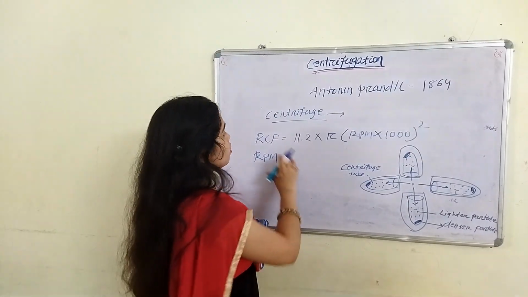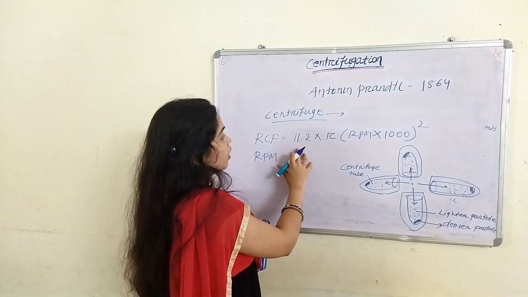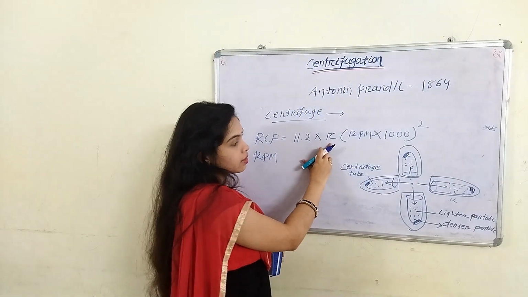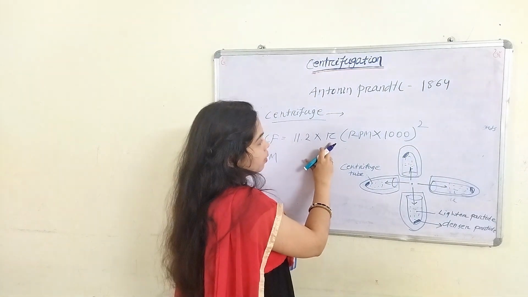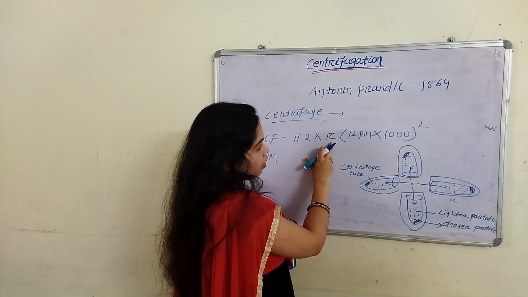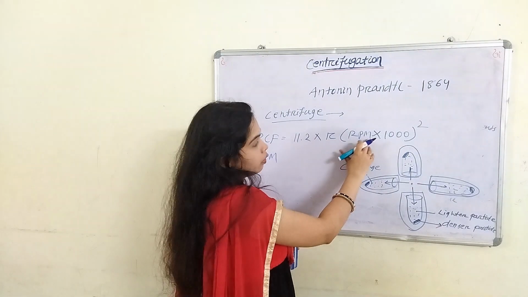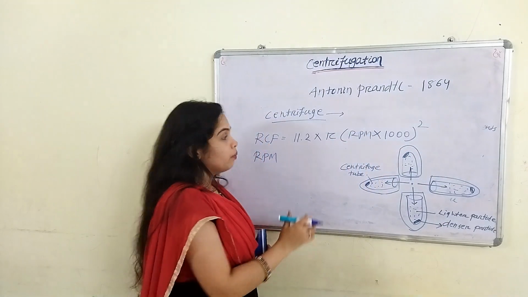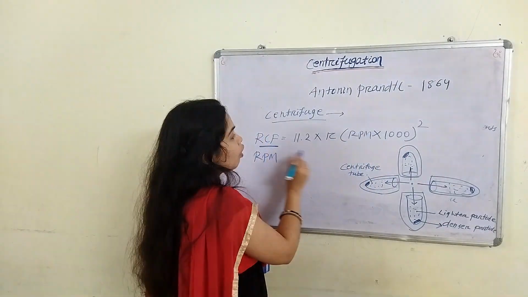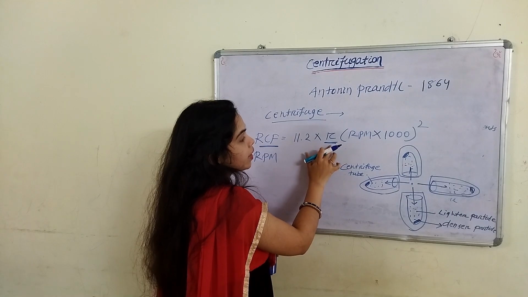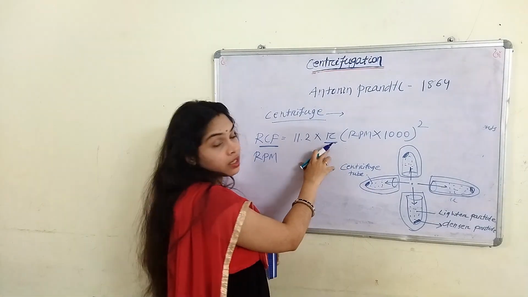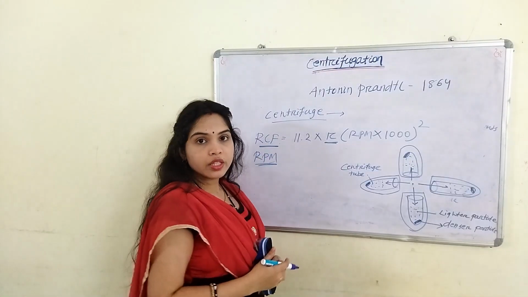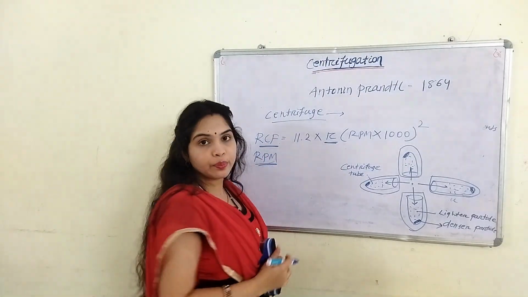The RCF value is equal to 1.118 × R × (RPM / 1000) whole square, where R is the radius of the orbit or the radius of the rotor. So the RCF value always depends on the radius, the size of the rotor. This RCF value is more accurate than the RPM.